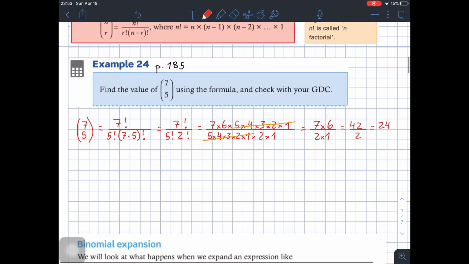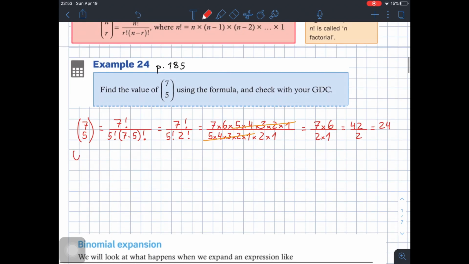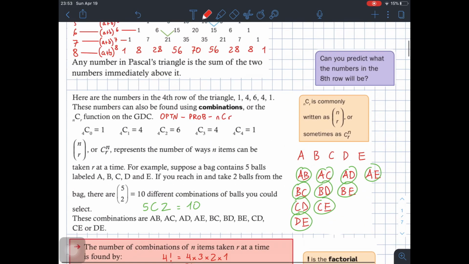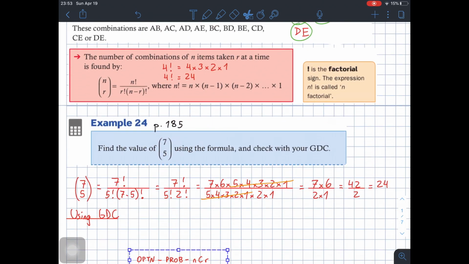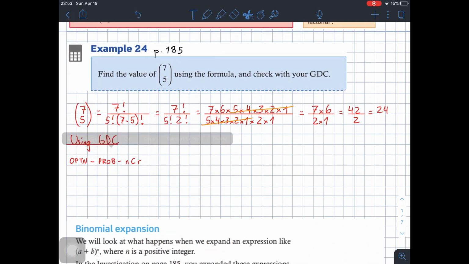Now, if we use our GDC to check, using GDC. Remember, I just showed you, I'm going to copy the instructions. Option, probability, NCR. So let me show you here.